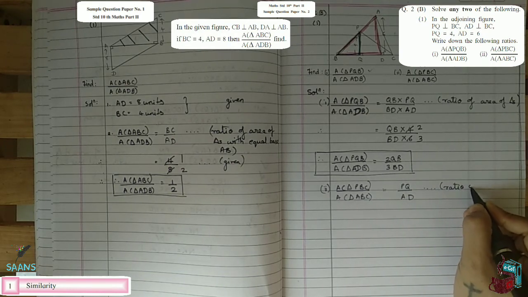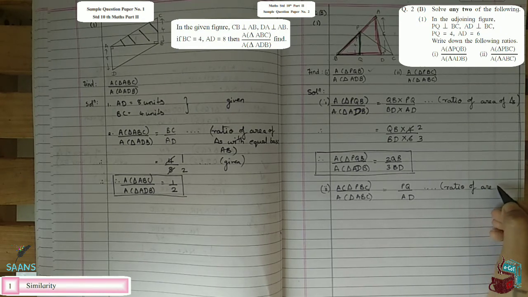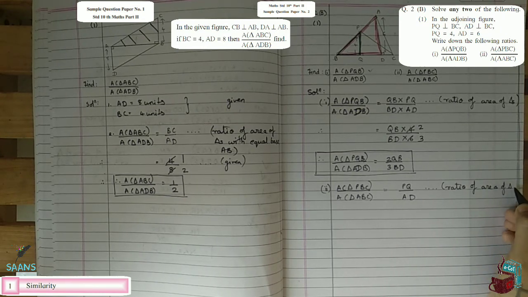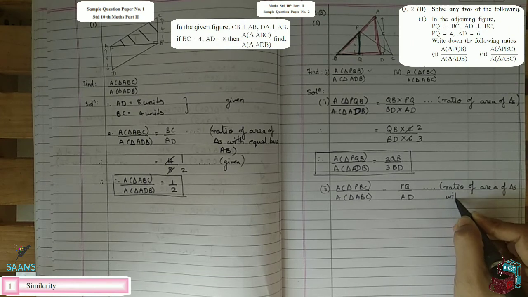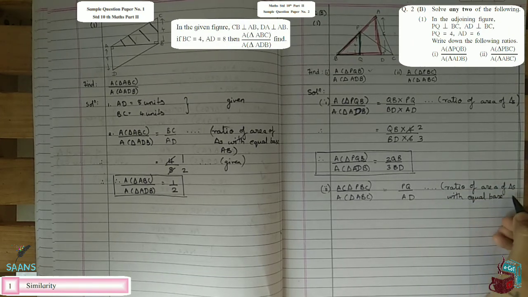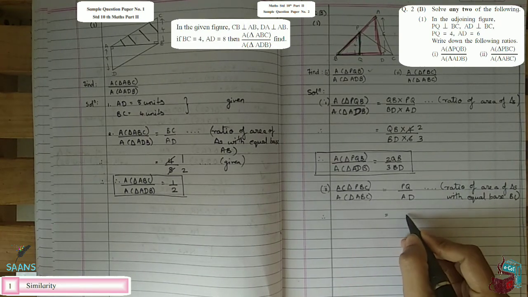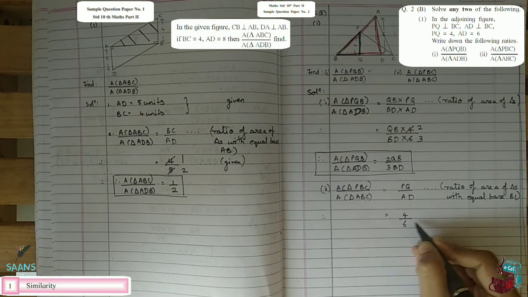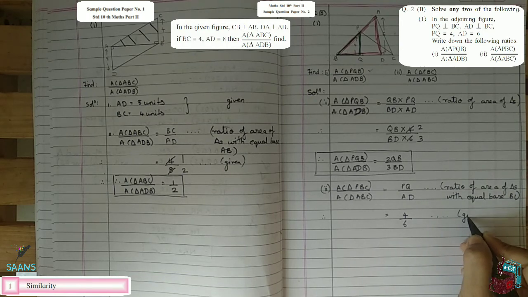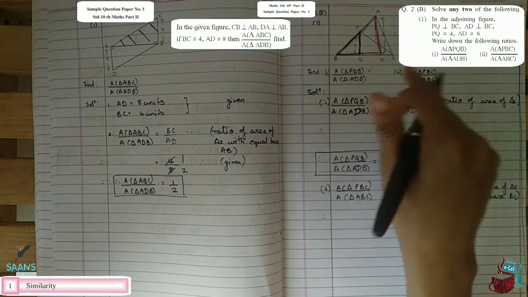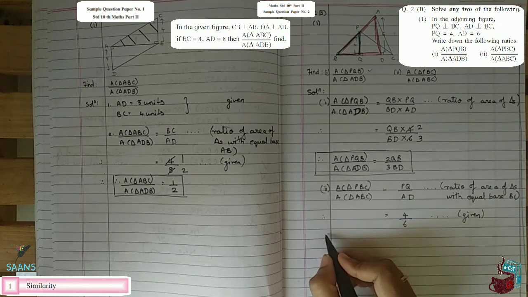Ratio of area of triangles with equal base BC. Therefore, that is equal to 4 upon 6. It's there in the given. I have not written it in the first part, but you can write given also here. Make sure you all write it.